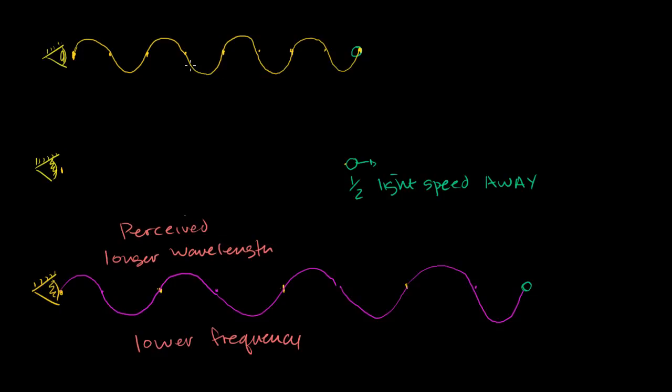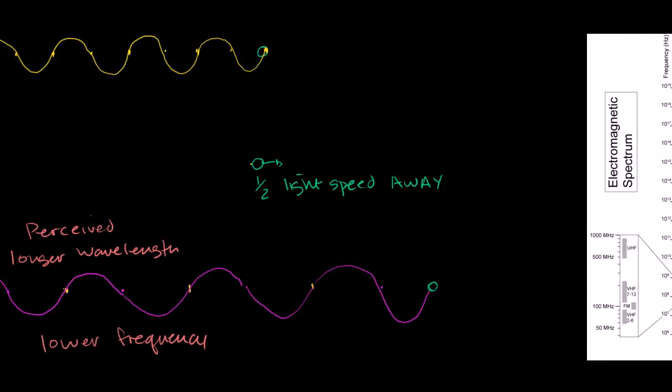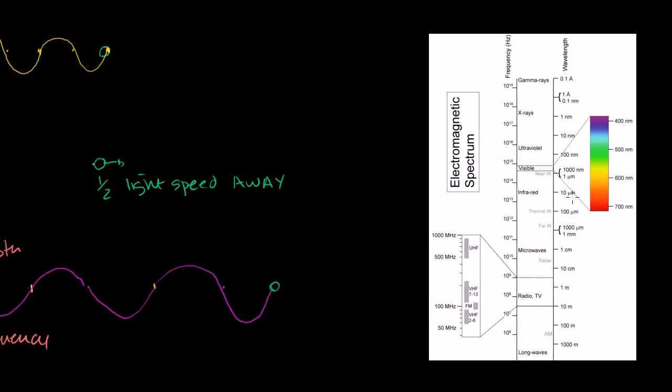Let's say that this is green light. So if we were stationary with the observer, it would be green light. So let's look at the electromagnetic spectrum. I got this off of Wikipedia. If I was stationary with the observer, we'd be in the green light part of the spectrum, at a 500 nanometer wavelength.